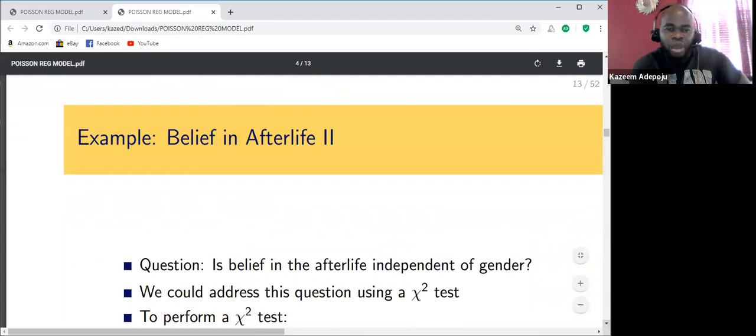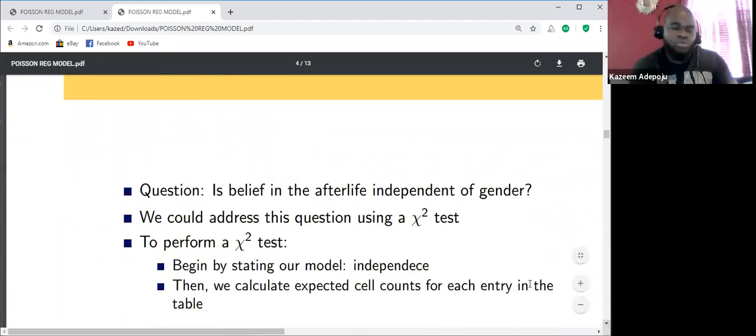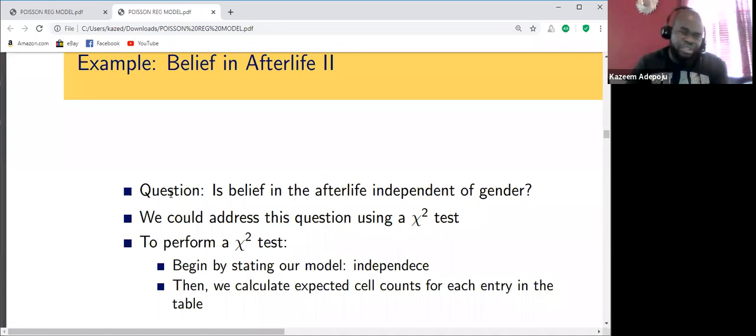Okay, so based on that data set, what is our goal? What do we actually want to achieve? There's always going to be a research question. The research question here is: is belief in the afterlife independent of gender?